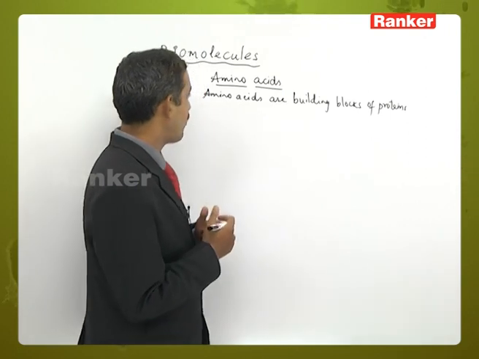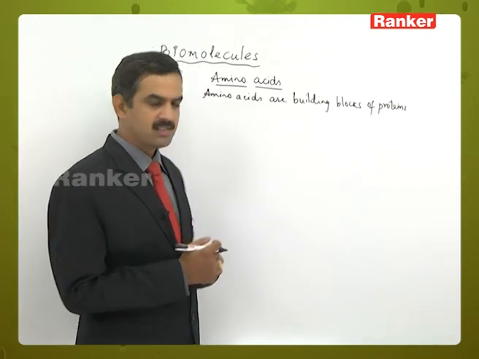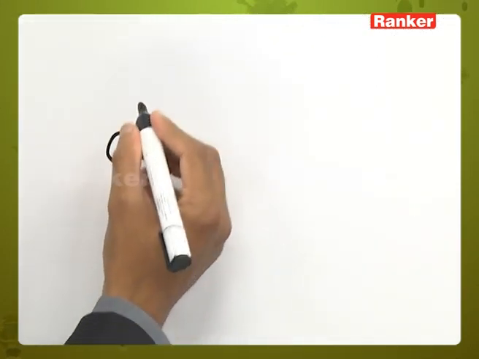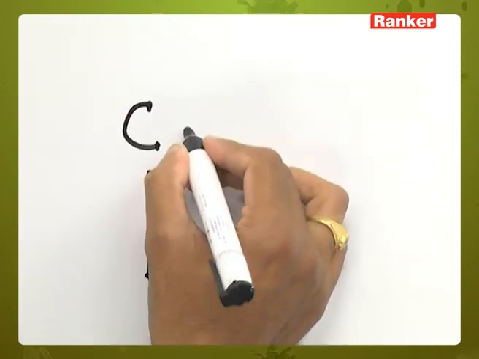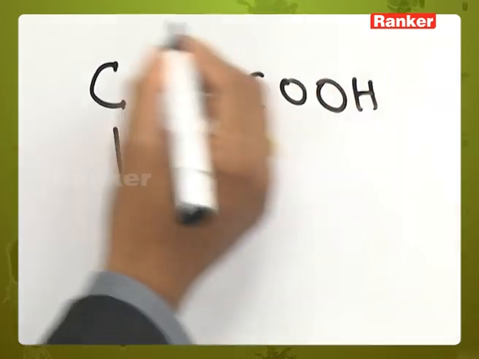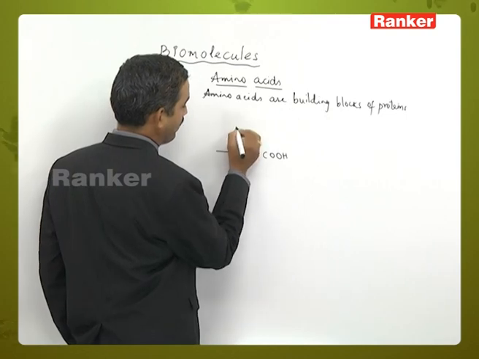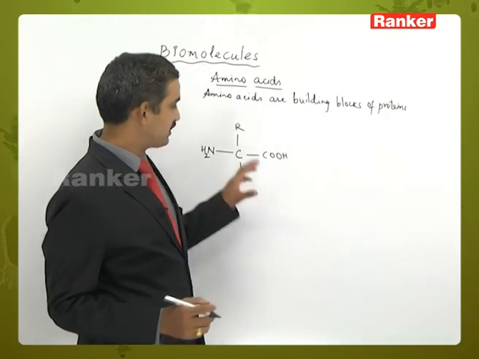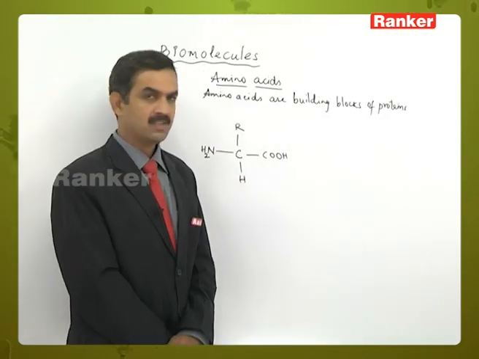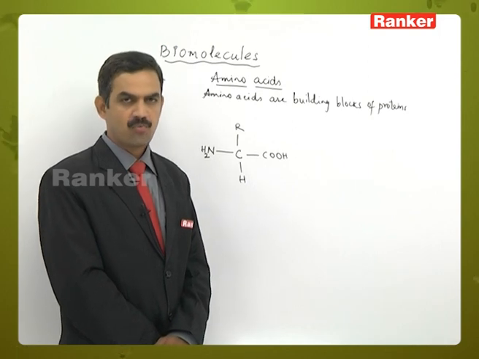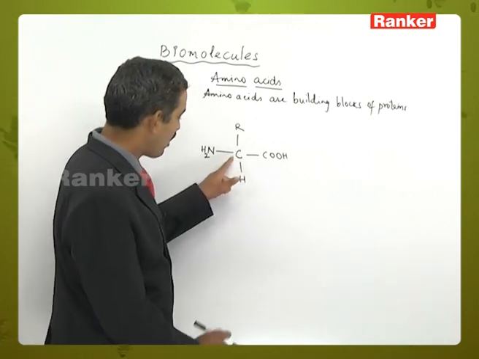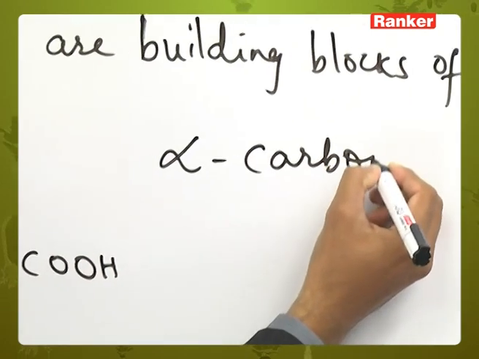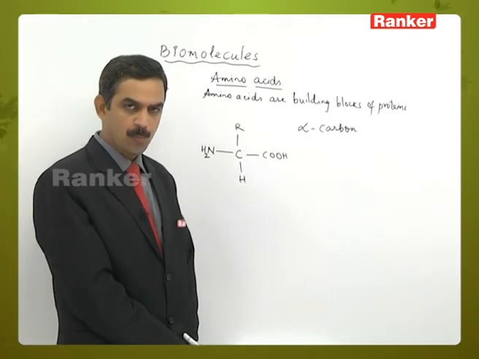So in amino acids, we know that carbon is the major element which is present. The central element is a carbon which contains one hydrogen, one carboxyl group, one alkyl group, one amide group. This is the basic framework or basic structure of any amino acid, and we call this carbon the alpha carbon because it is attached to the carboxyl functional group.